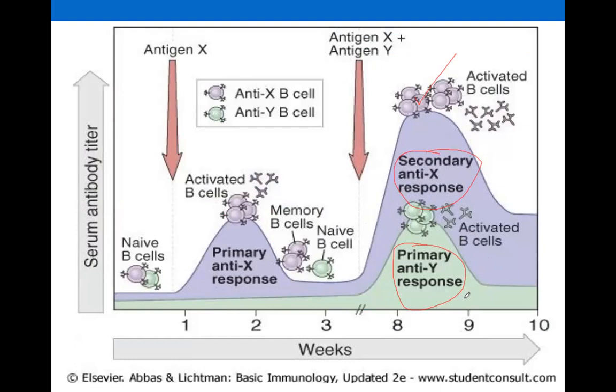Y. Okay, so if there is a reintroduction and there is a first-time exposure to antigen, the first antibody will have a secondary anti-X response, which eventually will have elevated levels of antibody titers compared to your first response to the antigen Y, which only exhibits primary anti-Y response.